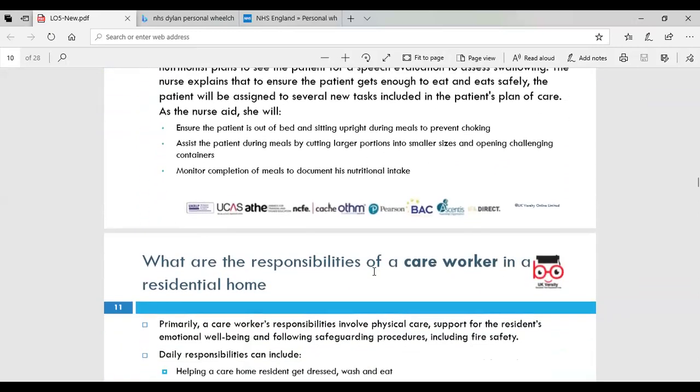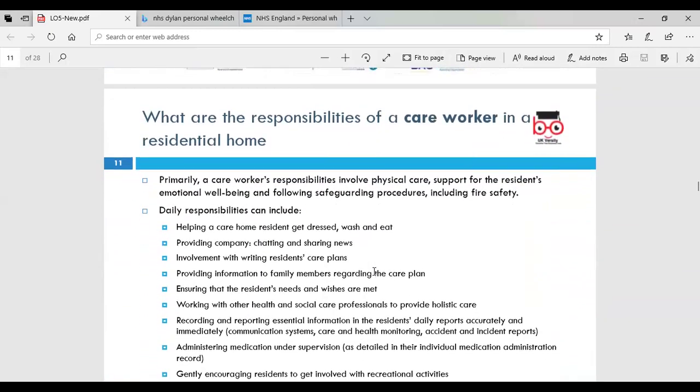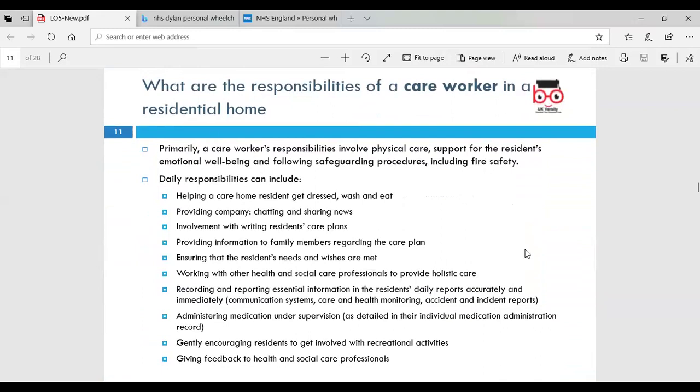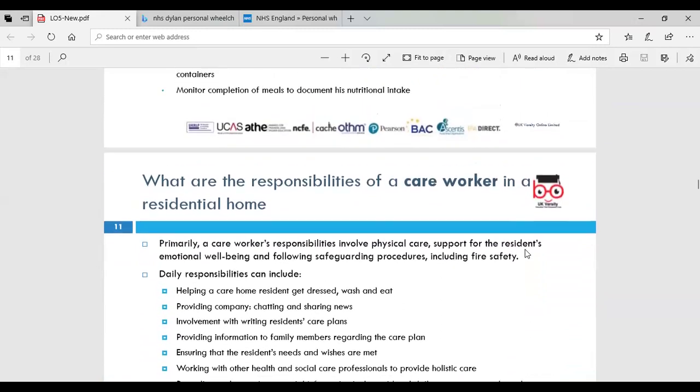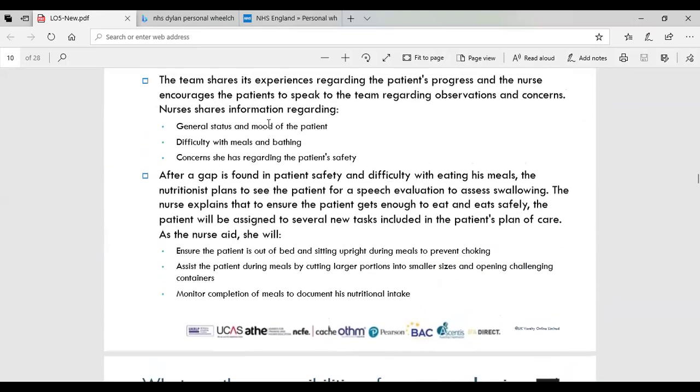So this is something that you could look at while planning for someone's care. So what are the responsibilities of a care worker in a residential home? Can anyone talk about what your responsibilities are? Anyone working in a care home? Anyone who's ever worked in a care home?